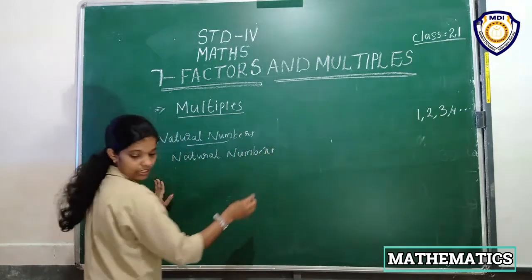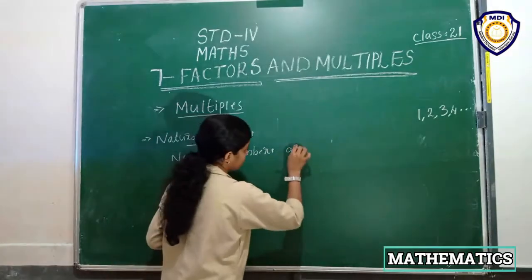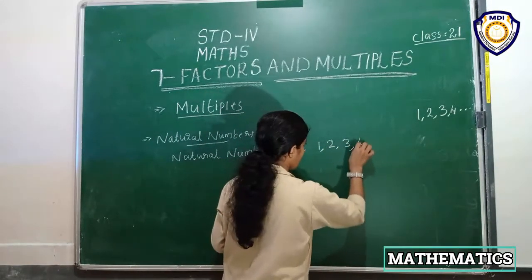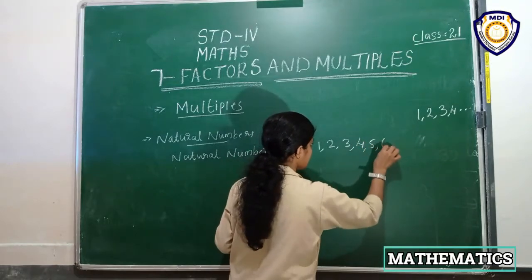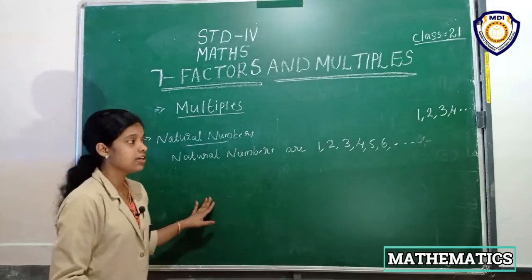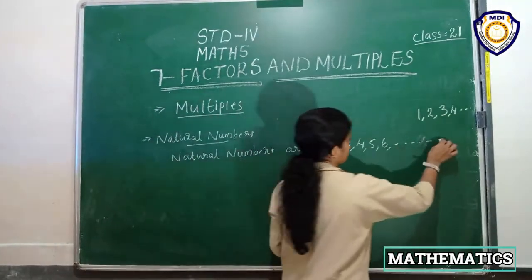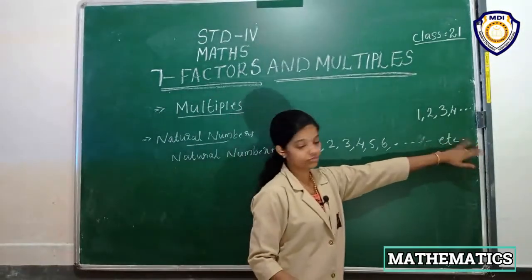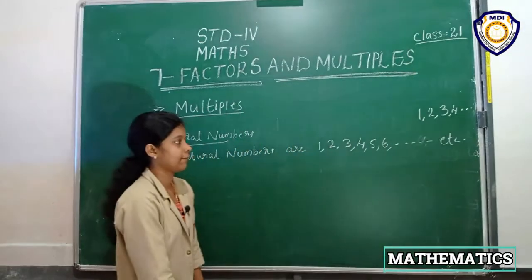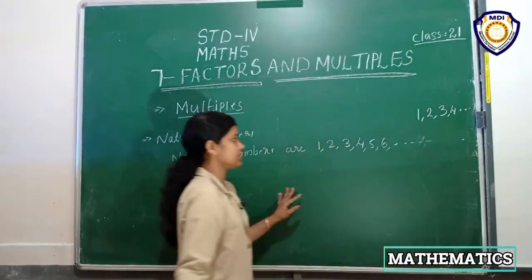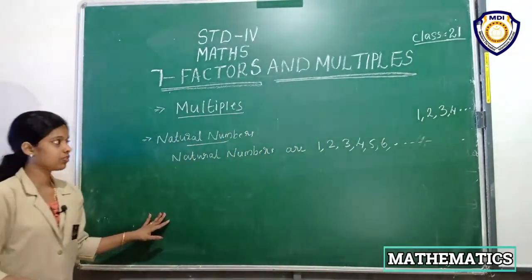Natural numbers are 1, 2, 3, 4, 5, 6, etc. This is the natural numbers. Okay.